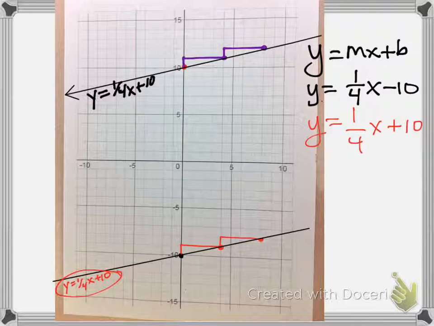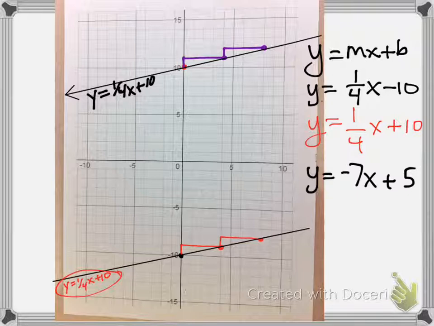And then maybe I want a line that goes zinging the other way, negative. So I'll do y equals -7x plus 5. And so I'm going to go to 5. And this time I'm going to go down 7 for every 1.